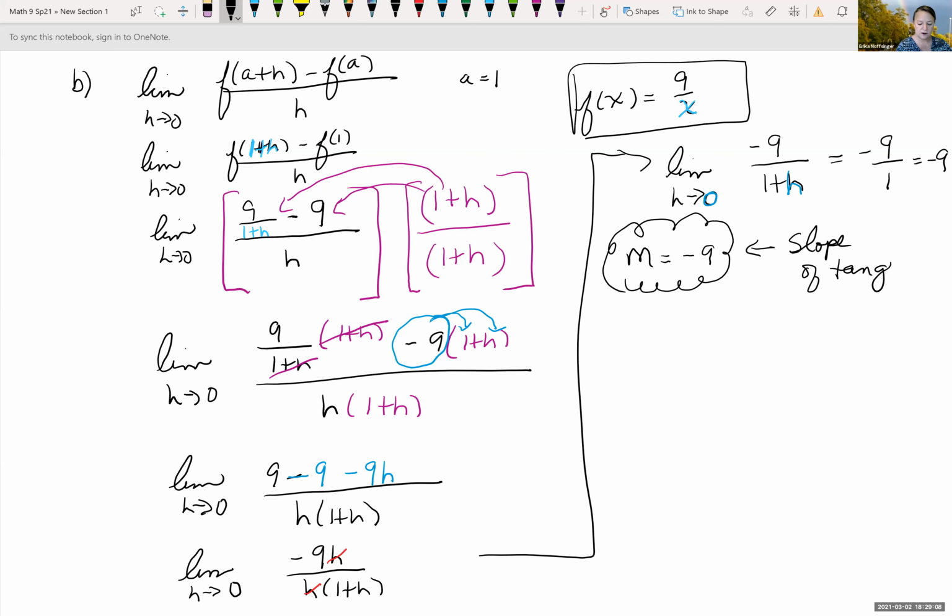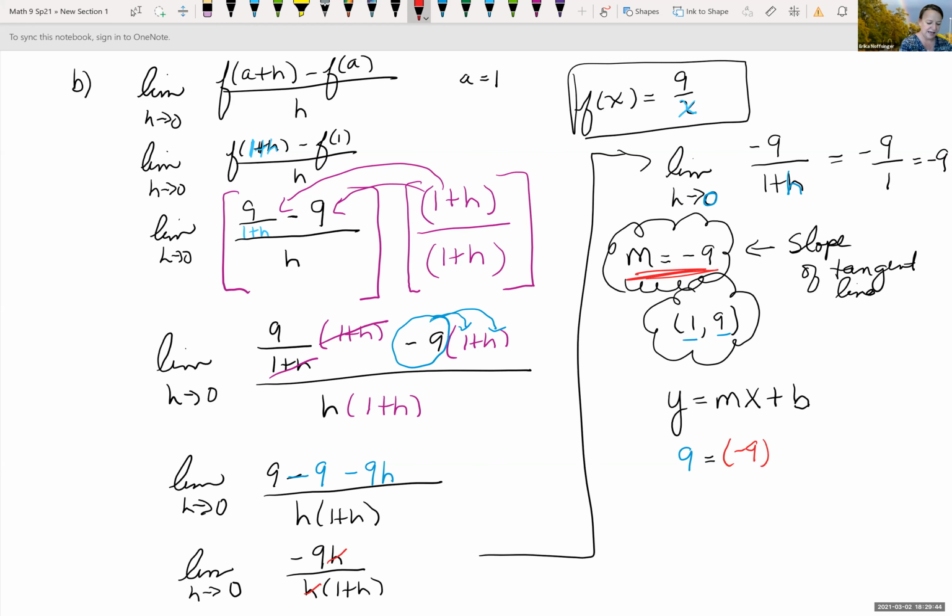And we have the point on the tangent line: when x was 1, y was, I believe, 9 here. And so now having the slope and a point, we can find the equation of the line. You can do point slope formula or do what I've been doing, using your slope-intercept form. Plug in your point. So plugging in 9 for y is equal to your slope, which in this case was -9, times x.